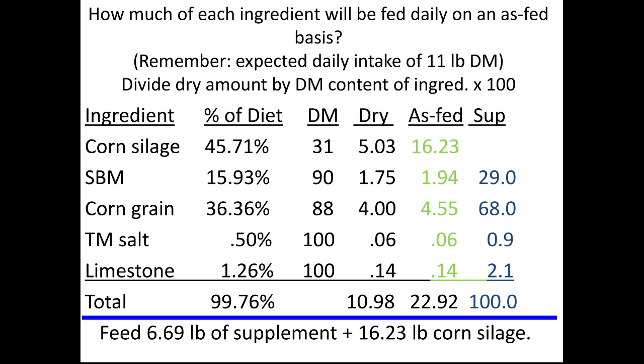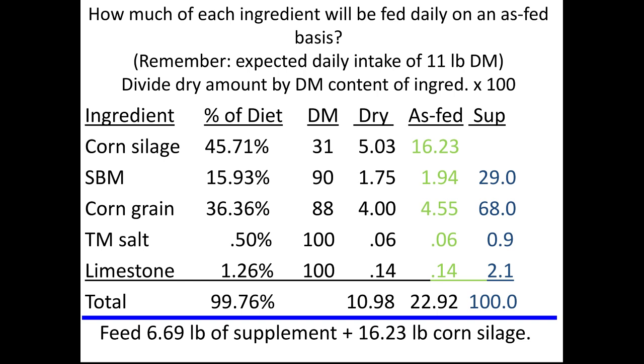We're going to feed this corn silage separately from the supplement. The corn silage is 16.23 pounds, and if we add up the pounds from the soybean meal, corn grain, trace mineral salt, and the limestone, the supplement is going to be 6.69 pounds per day.